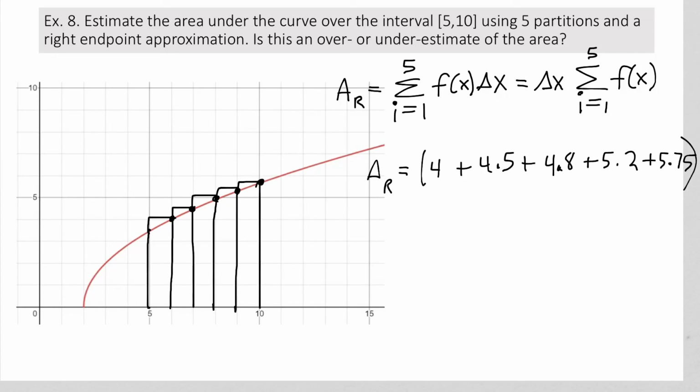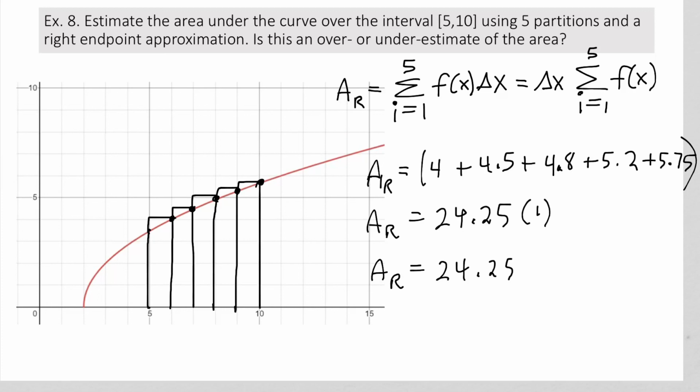All right, those are all the f of x values that I read off the graph as closely as I could for those points. All right, so then if I sum that up, I end up getting the number 24.25, which I just multiply by delta x of 1, so my right-hand endpoint area approximation is 24.25.